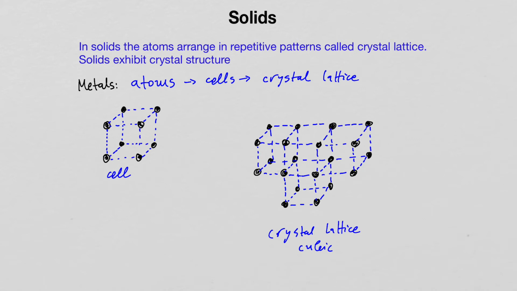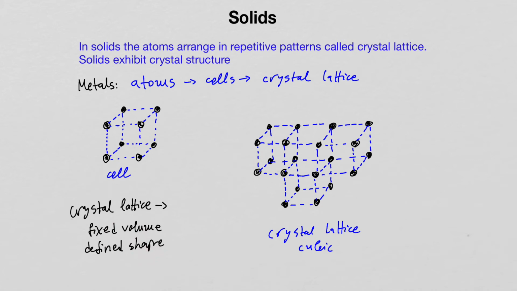Because of the crystal structure of solids in general and the arrangement of the atoms in these symmetric and repetitive cells forming the crystal lattice, solids have their own shape and also fixed volume. So the existence of crystal lattice leads to fixed volume and defined shape for solids.